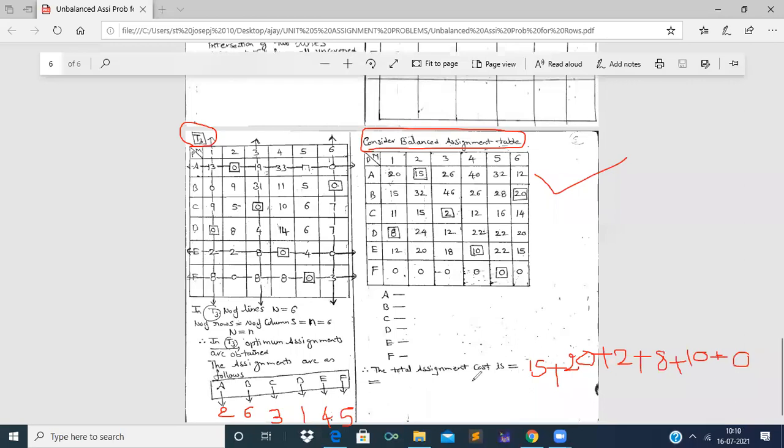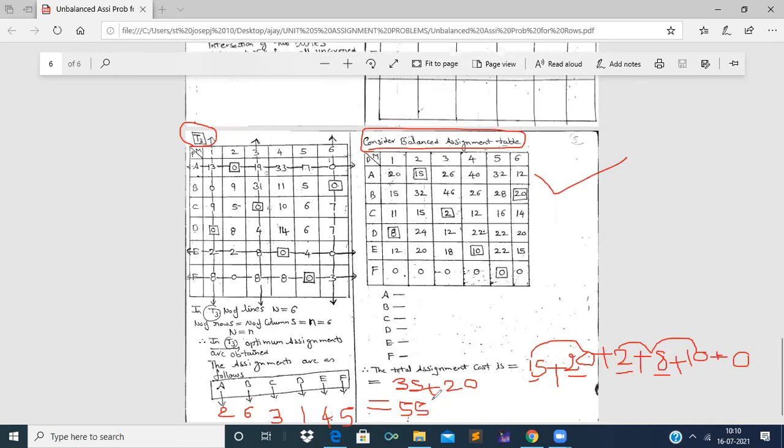Therefore, if we add all these assignment costs, right, we get 15 plus 20 is 35, right? 35 plus 2 plus 8 is 10. 10 plus 10 is 20, right? Right, 20. 20 plus 35 is 55, right?